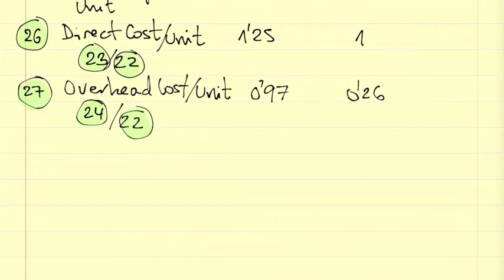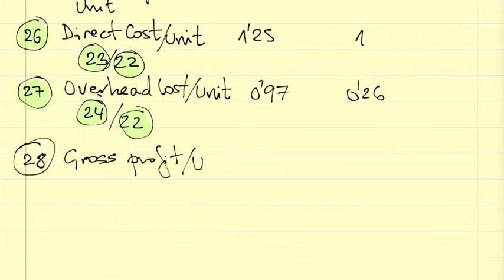We have our gross profit per unit, which is 25 minus 26 minus 27.